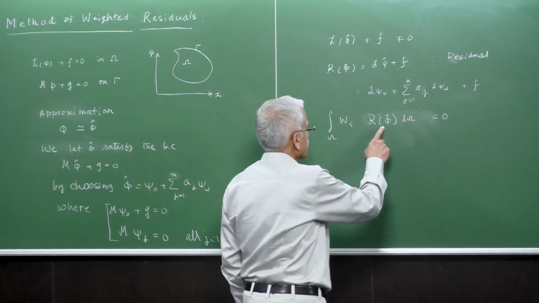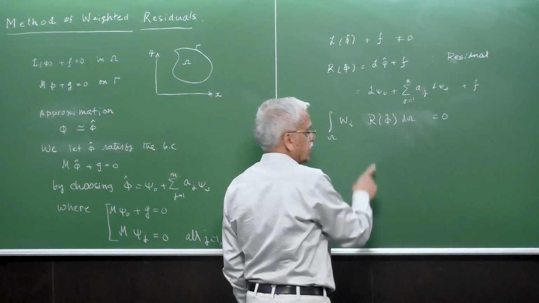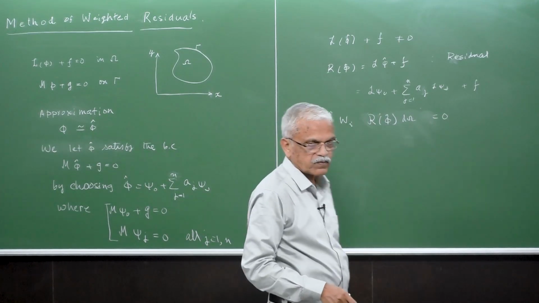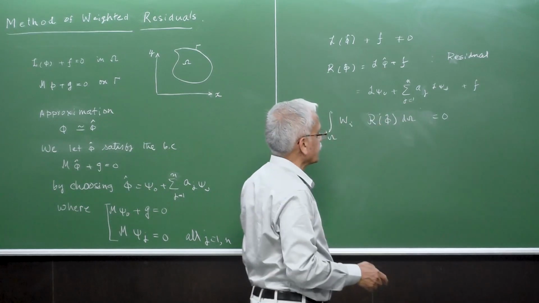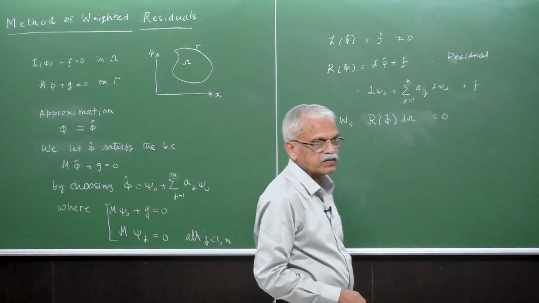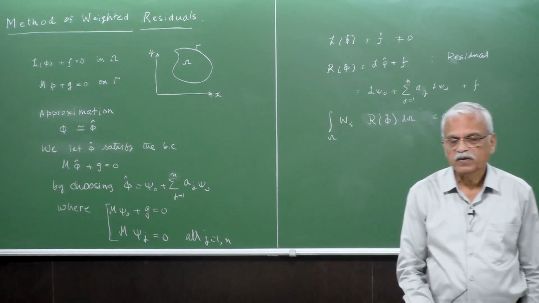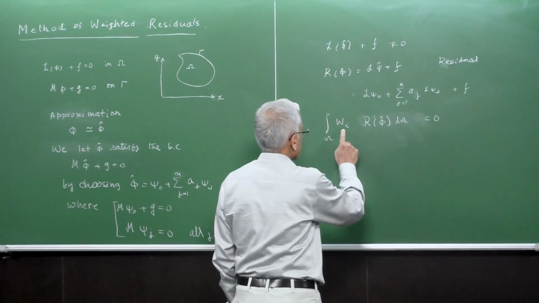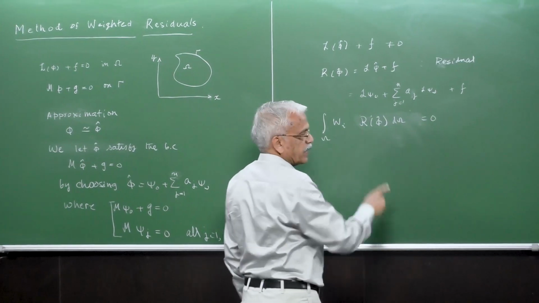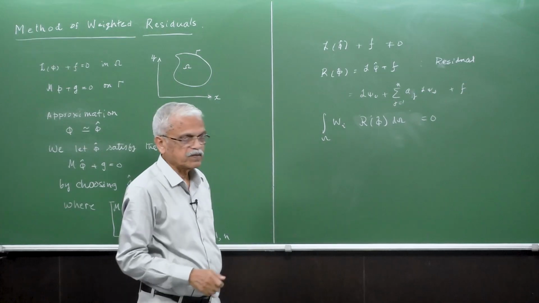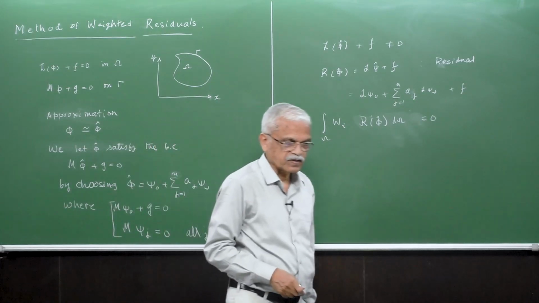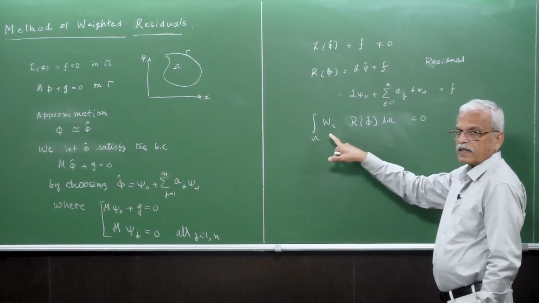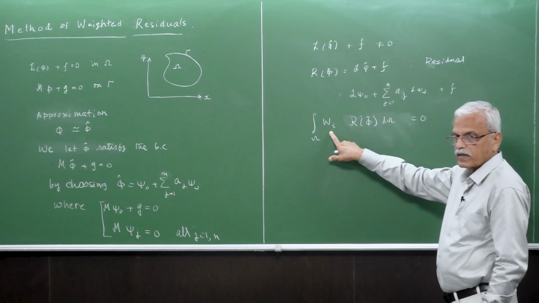How to make this residual 0 is by taking its projection. In the morning we were talking about its analogy with vector algebra. This is what we call an inner product, but in the sense of vector algebra we call it a simple dot product. That means the vector here and its projection on this quantity.